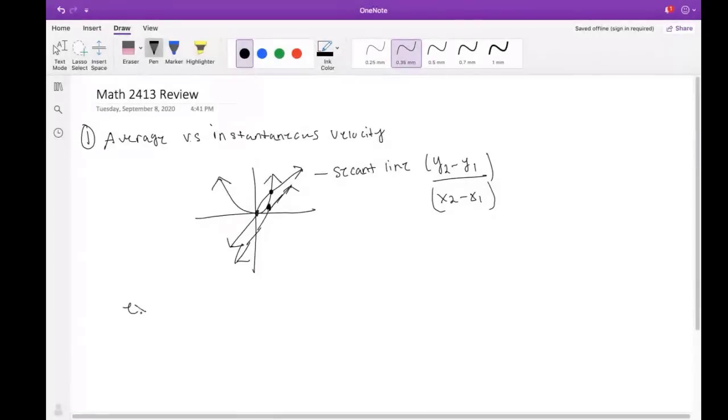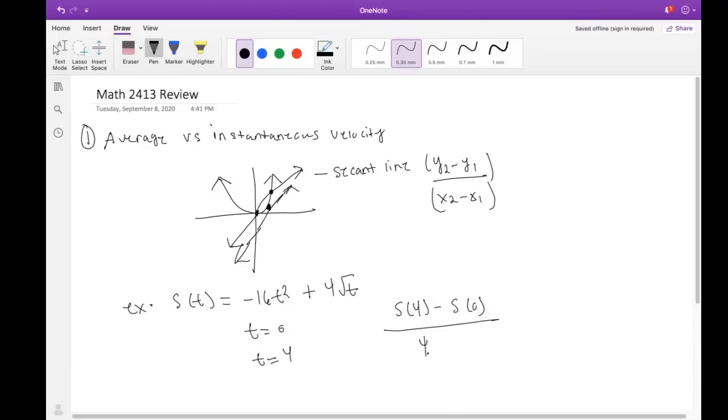So, if we had a position function, s of t, equal to negative 16t squared plus 4 square root of t, and I asked what the average velocity from t equals 0 to t equals 4 is, the way we would calculate that would be s of 4 minus s of 0 over 4 minus 0.